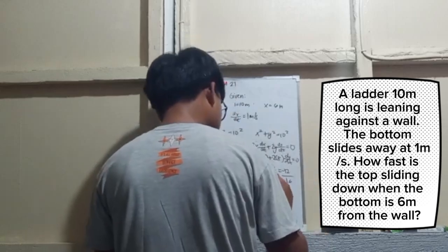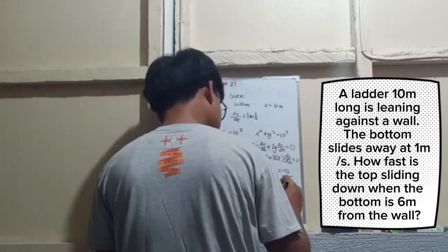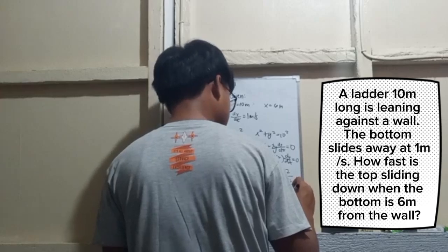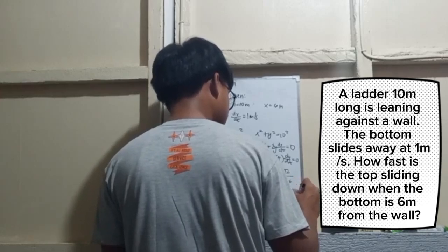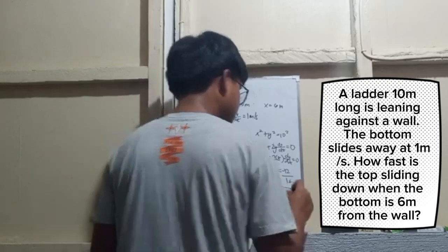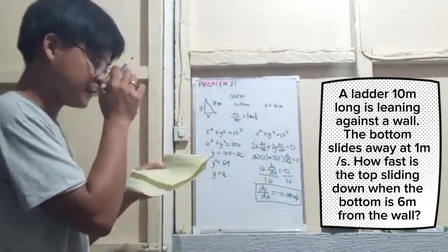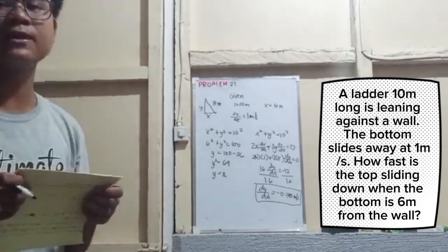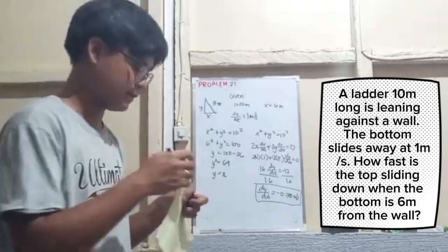We will get the value of dy/dt as negative 0.75 meter per second. So we now have the final answer of the rate of y as negative 0.75 meter per second.